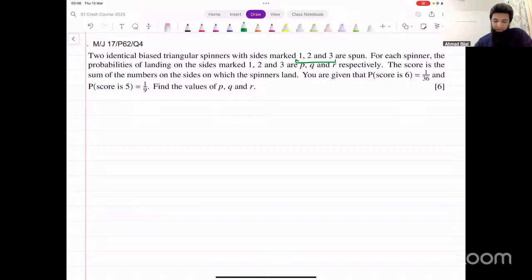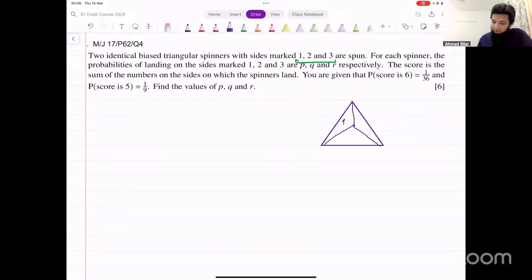Okay, now that looks like a good one. What I can do is I can try to make a triangular spinner. Let's say it looks something like this. Okay, now the probabilities are not the same. So let's just draw it randomly.